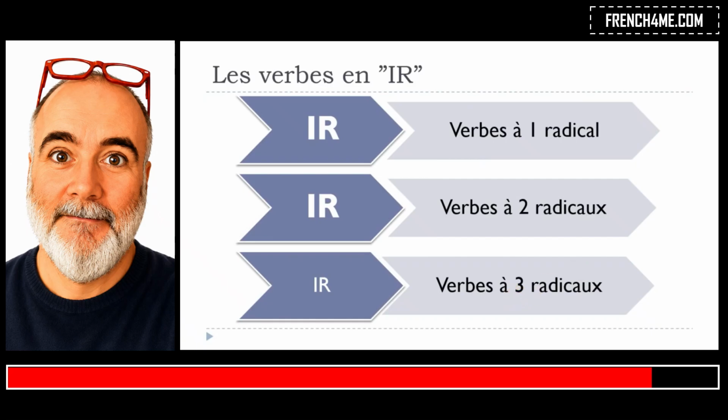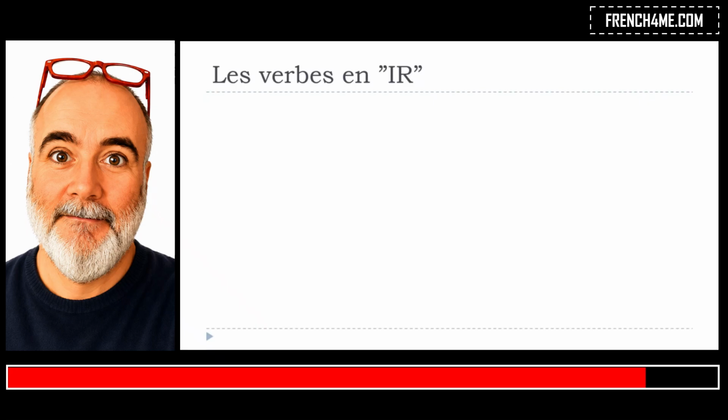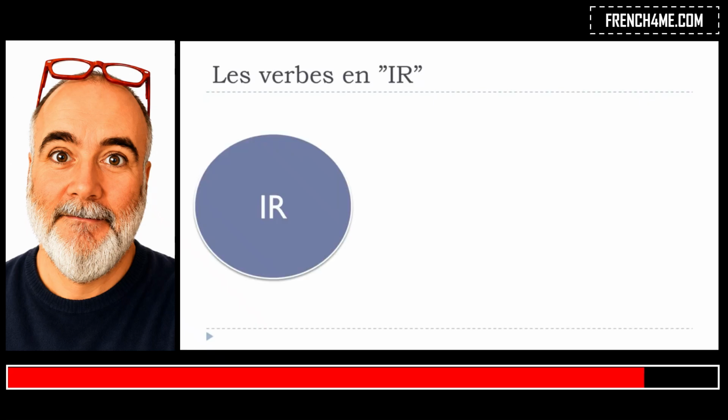Okay, so let's see now, and we'll start with the easy thing, and it's better, les verbes à un radical. So the verbs ending with ER, and in that case, I thought it might be interesting to take the verb ouvrir. Ouvrir is to open, okay, so it's quite useful. And so the idea is that this final ER will be taken away to get the stem, the root.